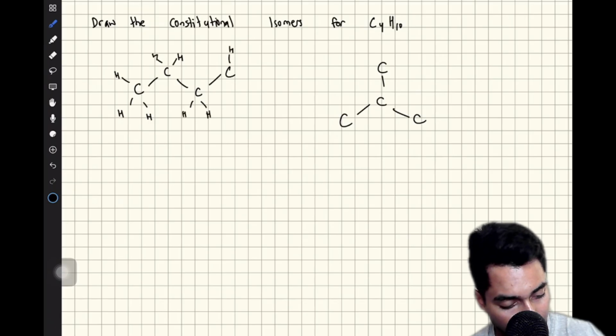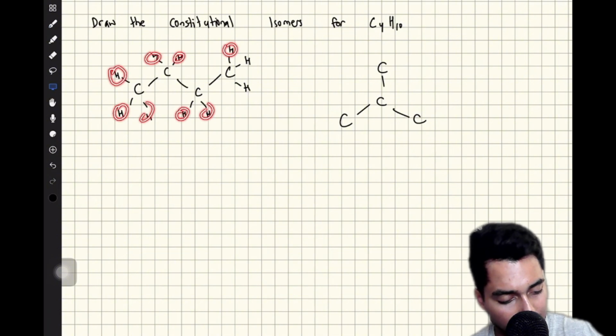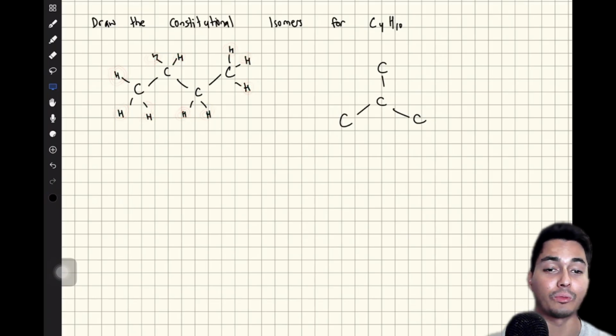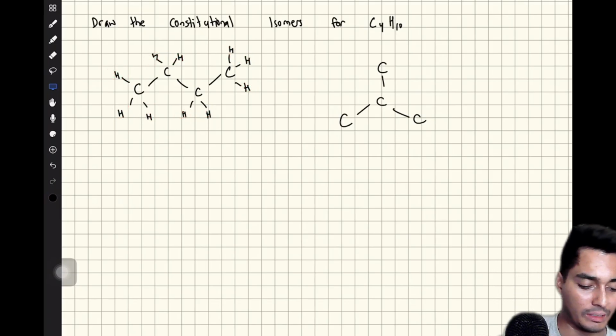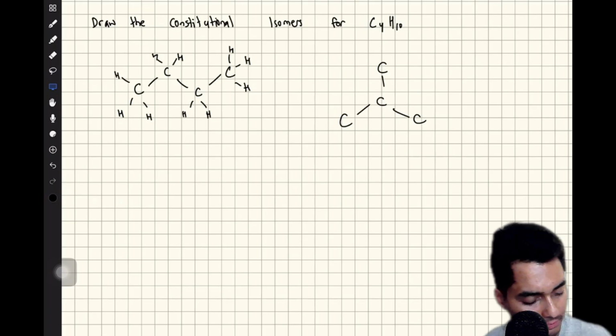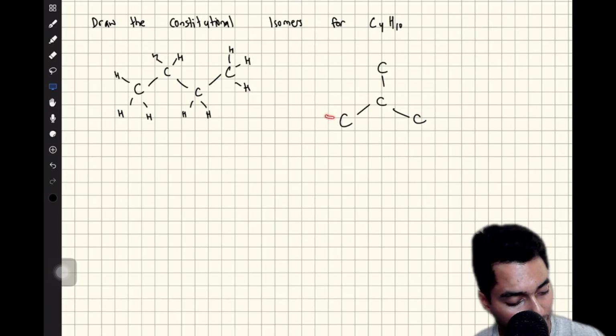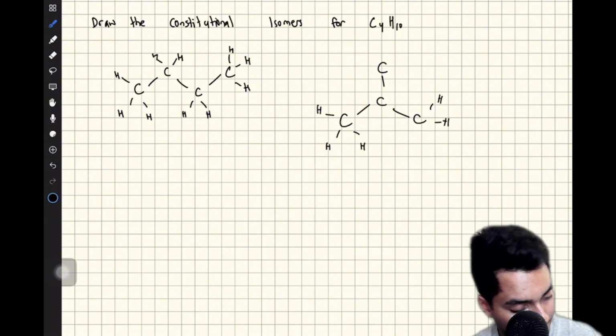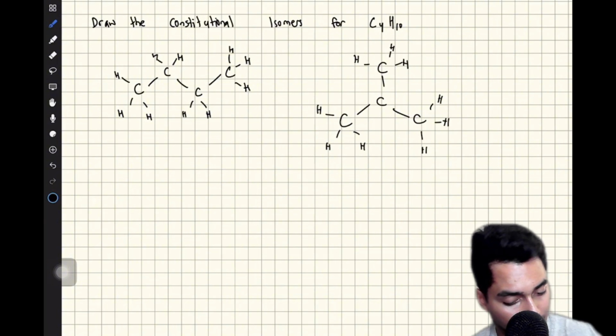And if you were to count your H's, you would indeed have 1, 2, 3, 4, 5, 6, 7, 8, 9, 10 H's. So this one is C4H10. That's going to be n-butane here. Okay, and then if we fill in our H's here, we're going to have a total of C4H.